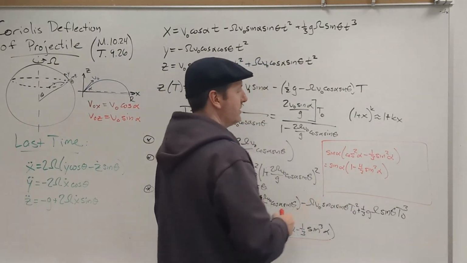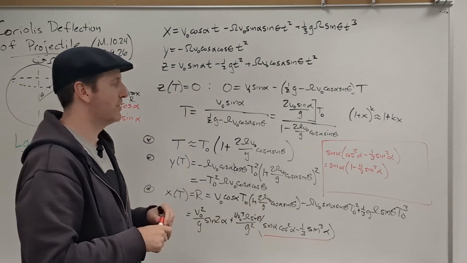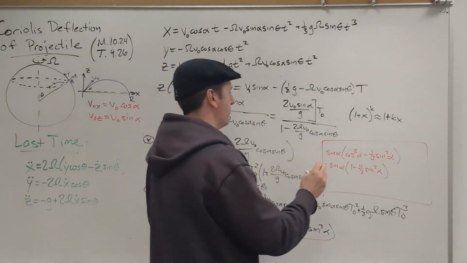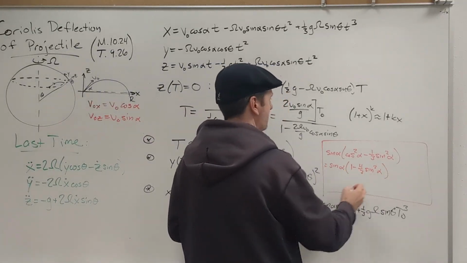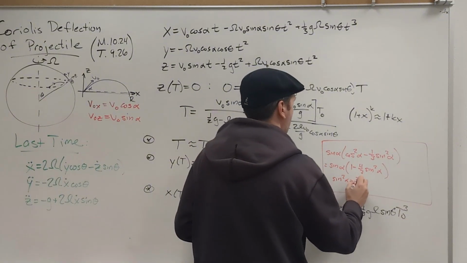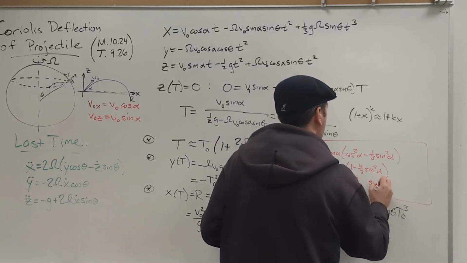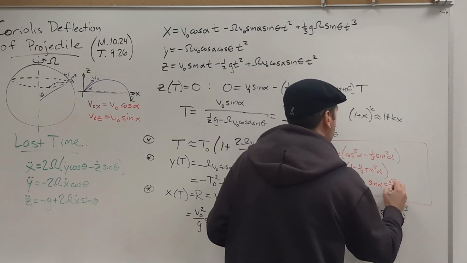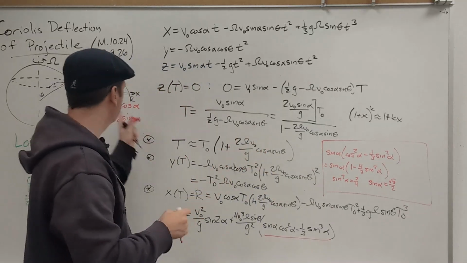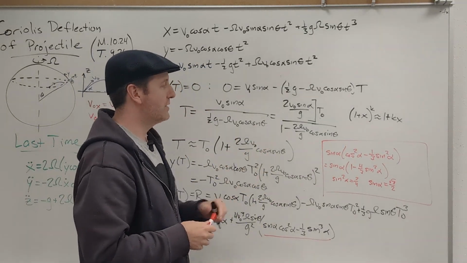So we can see that there are some values of alpha that will give me a negative number there. For instance, if I just set this equal to 0, I'd have that sine squared alpha is 3/4, or if you prefer, sine alpha is √3/2. We're dealing with positive launch angles here. And of course, we know what satisfies that.